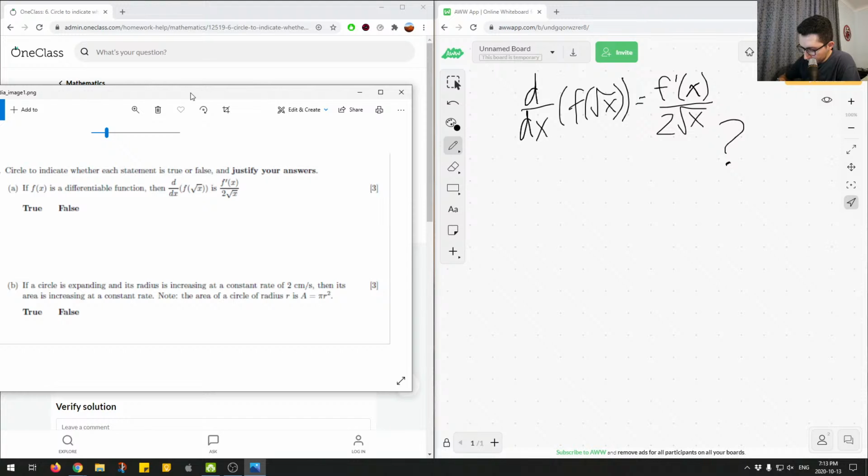So let's say we defined f of x as x cubed, or it could really be anything. What we could do here is test out if the statement is true. We know this is a differentiable function, so if we were to substitute f prime of square root of x, would we get this as follows?